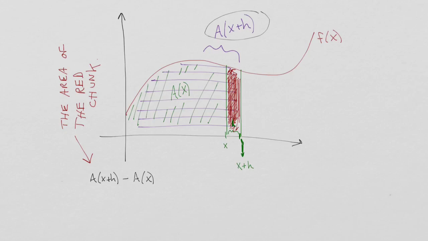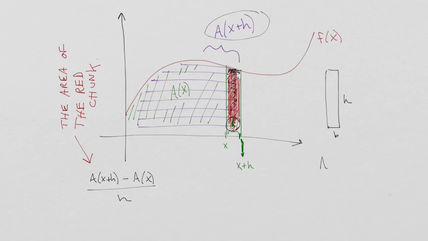Now the question is, what would happen if I took this area and I divided it by h? Let's think about this. We could look at a simpler example of just a regular old rectangle, where this is base and this is height.